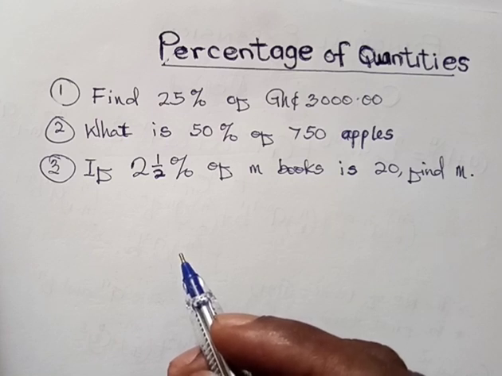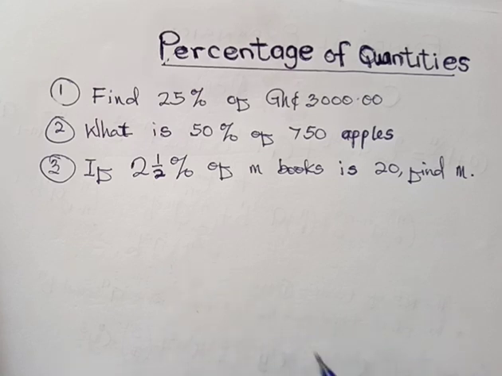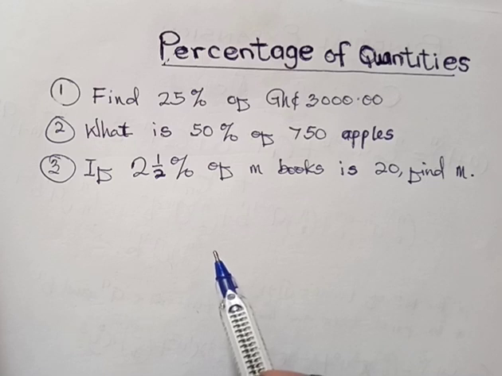Very simple. So when you get such questions, very basic, this one you don't need to waste time on that. So let's quickly look at how we can express such percentages of quantities.